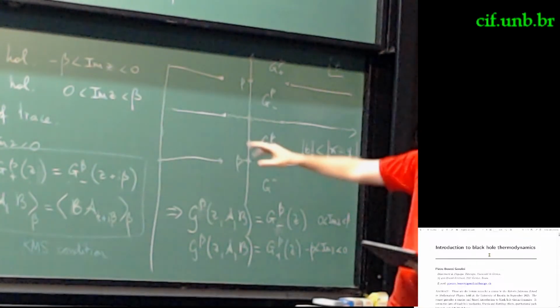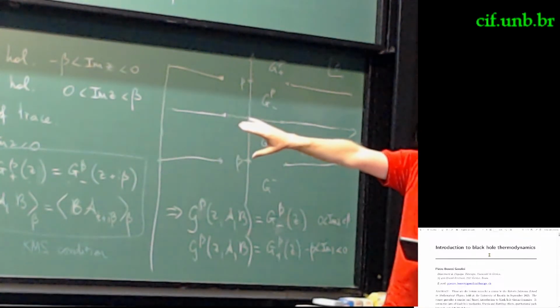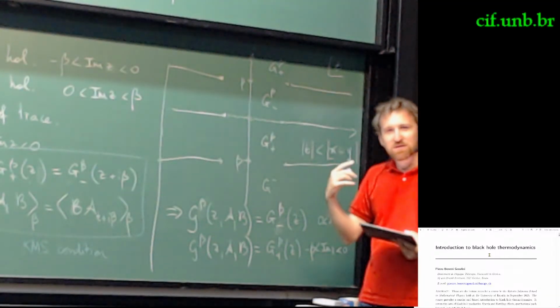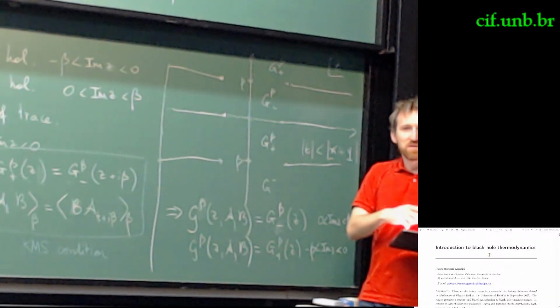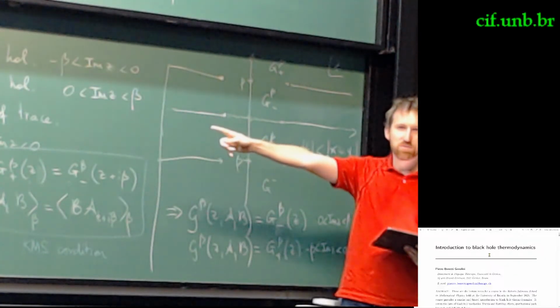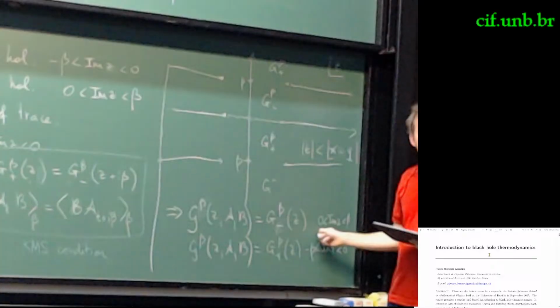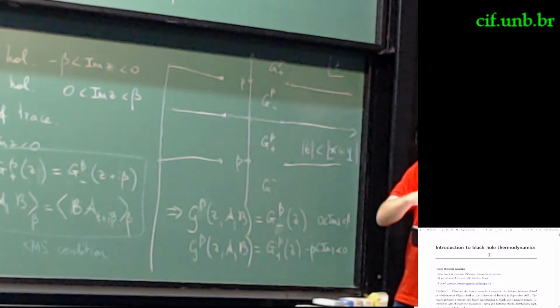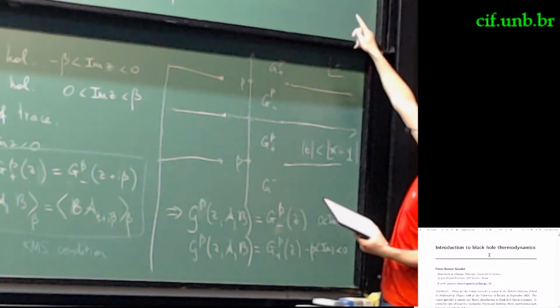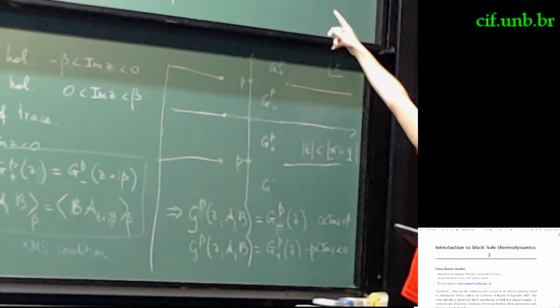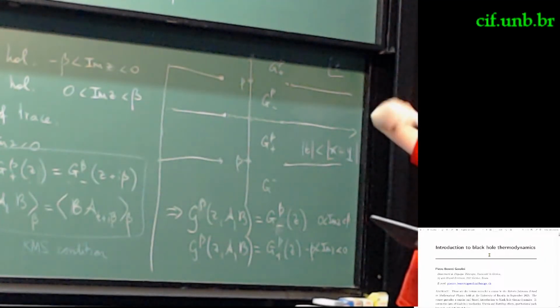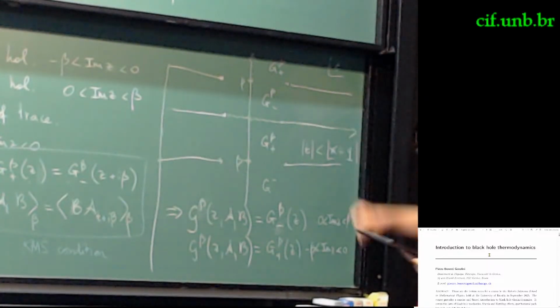Now, I derived all this by assuming that I was in a mixed state. Now I think about it like an algebraic quantum field theorist. So rather than starting from the states, I start from the property of the two-point function, and I use this to define the state, right? Because remember that that's the idea of algebraic quantum field theory. The state is a function from the observables to the complex numbers.